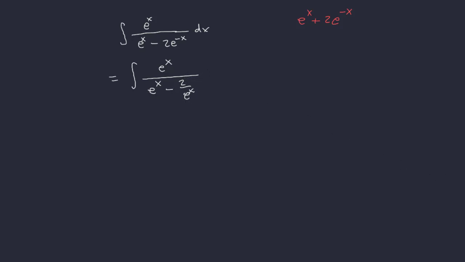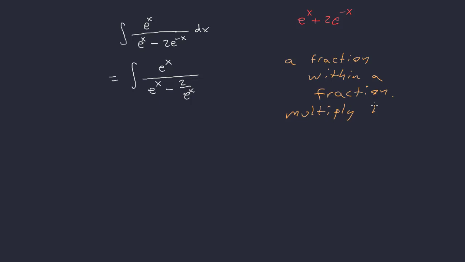So what we have here is a fraction within a fraction, and I typically don't like those. In fact, I think most people don't. And when you have a fraction within a fraction, what you can do is multiply the top and the bottom by the denominator of the fraction that you don't like, or by the smaller fraction.